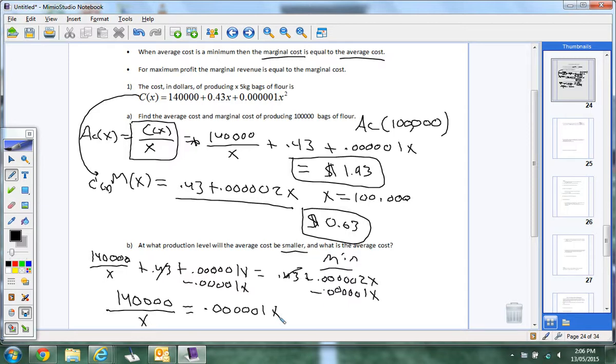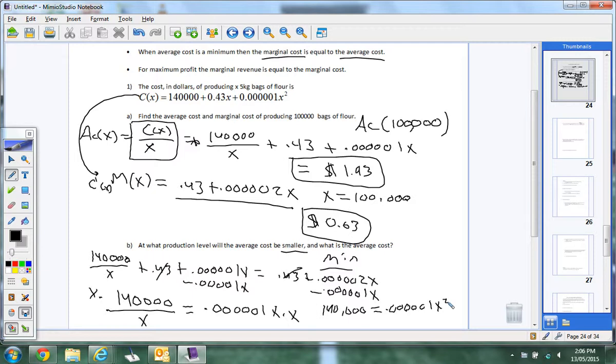Okay, and then what do you think I'm going to do now? Yeah, multiply both sides by x so I can get rid of that fraction. And then now, all you have to do to solve is divide by the 0.01 and then square root. That's our last two steps.